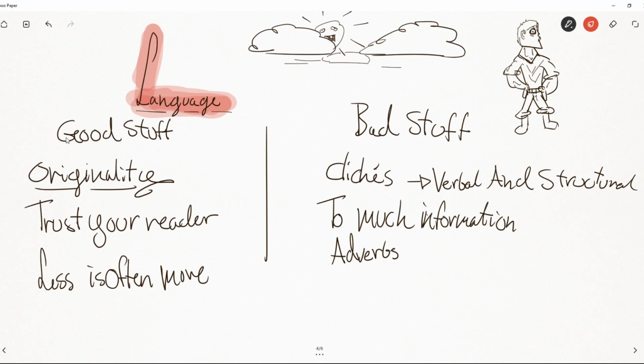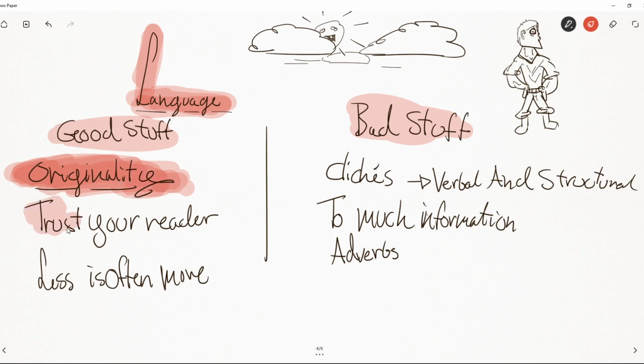And there are some good things as well as some bad things that you should not do. So first off, you have to be original. You need to be independent and think a bit for yourself, and make a story up after that. So you can't copy something, and you can't imitate too much.